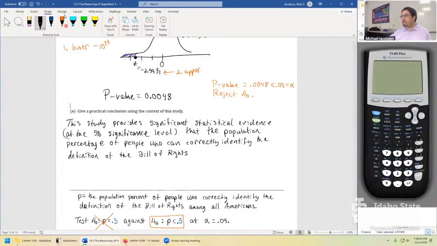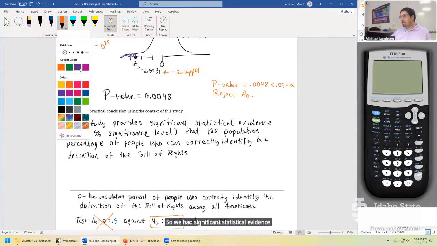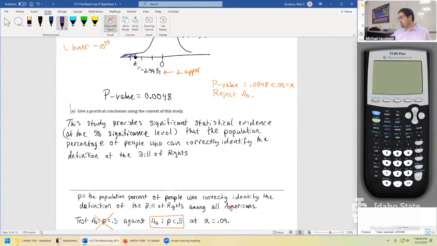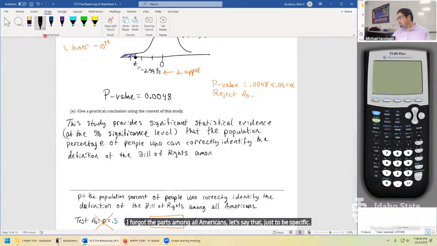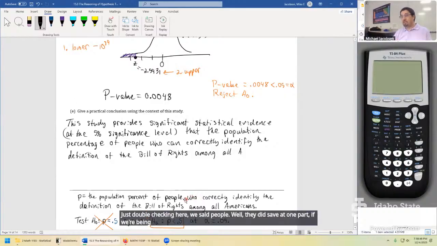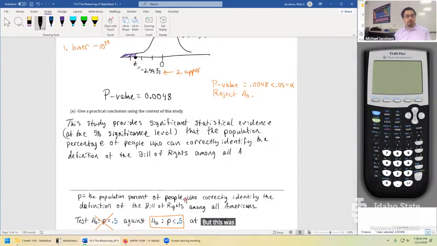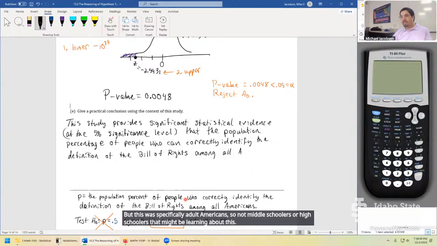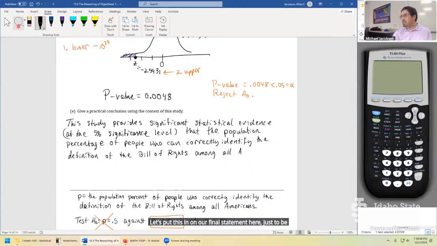So we had significant statistical evidence. I forgot the part among all Americans. Let's say that just to be specific. Among all Americans. Just double checking here, they did say at one part, if we're being a little nitpicky, that this was specifically adult Americans, so not middle schoolers or high schoolers that might be learning about this. Let's put this in on our final statement, just to be a little bit more specific.